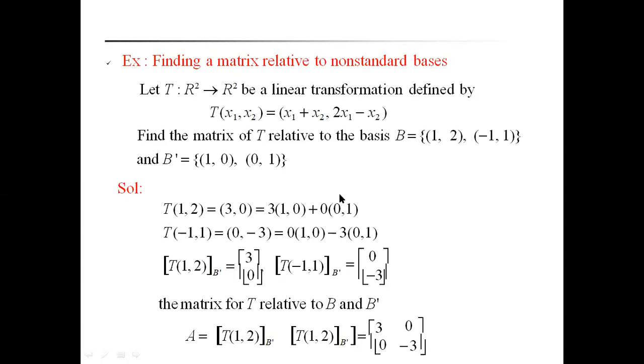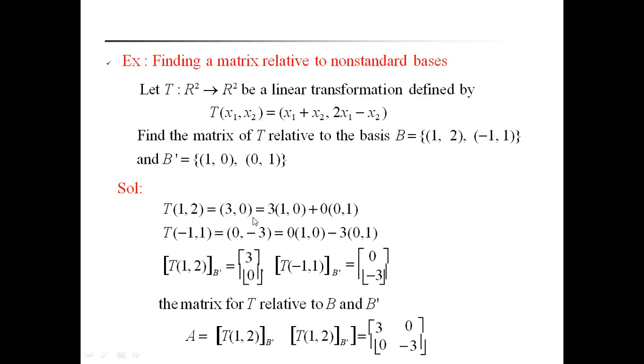Similarly, find T of (-1, 1). Put the values (-1, 1) here. Minus 1 plus 1 is 0, and 2 into minus 1 minus 1 is minus 3. This can also be written as a linear combination of the vectors (1, 0), (0, 1), that is 0 into (1, 0) minus 3 into (0, 1).